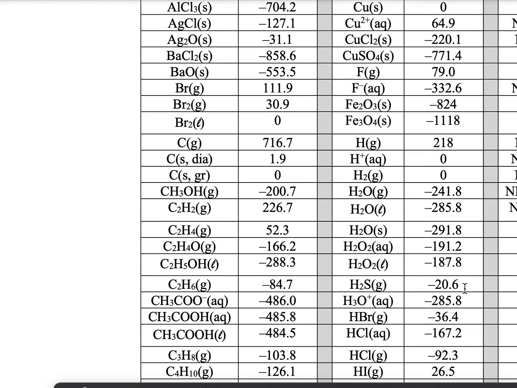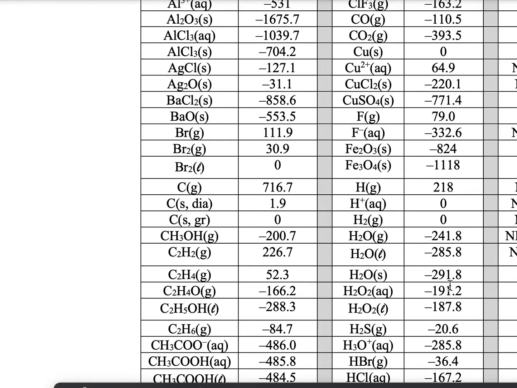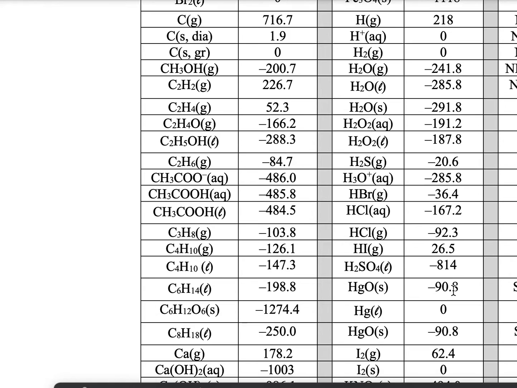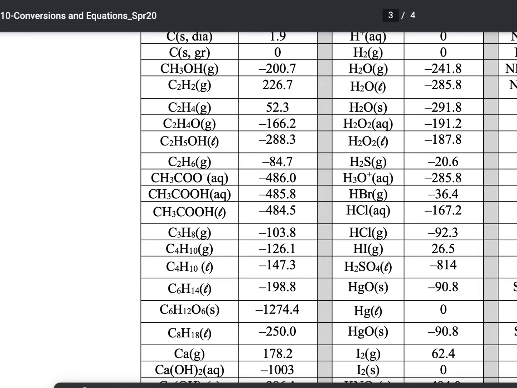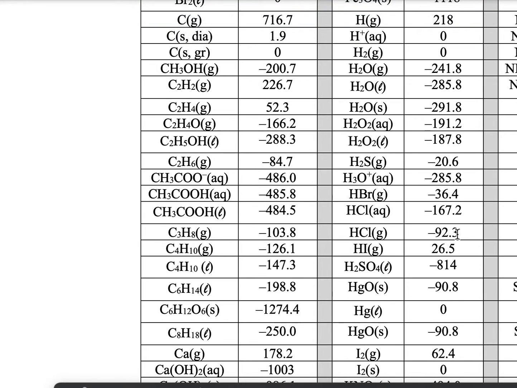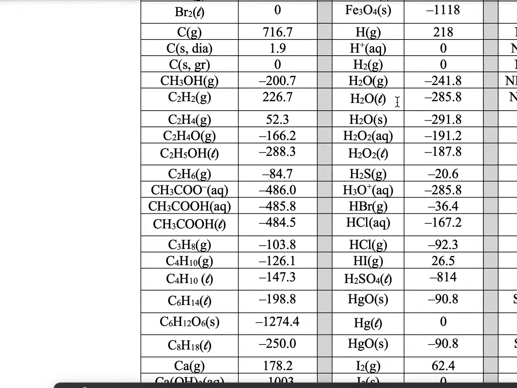And O2 is over here, and O2 gas is 0. And H2O gas is right here, and it is minus 241.8. The other reaction we just did, by the way, had H2O liquid here, so that's going to be different. And then SO2 is going to be minus 296.8.